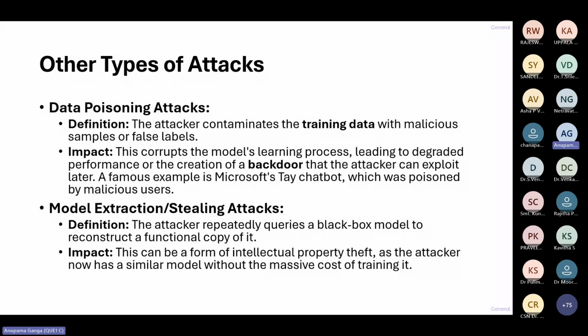And these data poisoning attacks are very, very challenging to detect, because the poisoned data will always appear as legitimate data to us. Okay. So if we look at it, we will not be able to say that it is poisoned data. What we can do as a countermeasure is have more rigorous validation and verification of the training data. Okay.